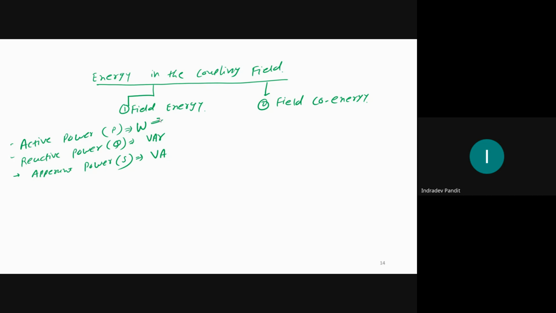Sir, in a ceiling fan, there are magnetic fluxes inside. So, to magnetize the windings, reactive power is required. Okay. So any simple example of the active power and reactive power and apparent power?